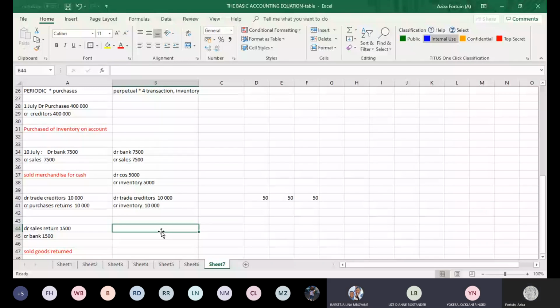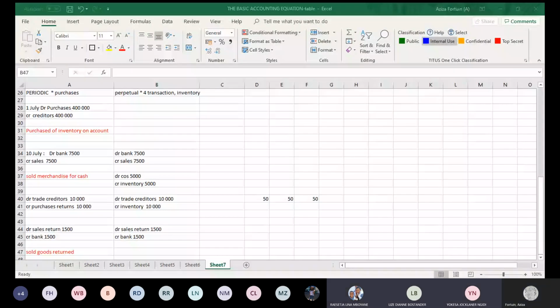On your perpetual, still going to debit the sales return. Then we're still going to credit the bank. There are 2 transactions. And then, yes, there is. Then cost of sales. So what's the other?